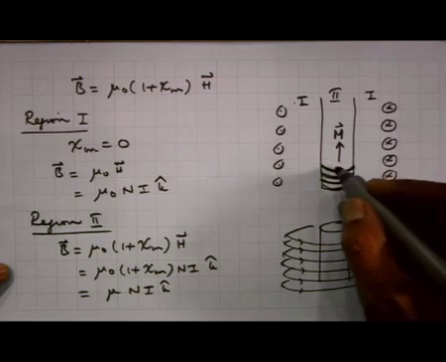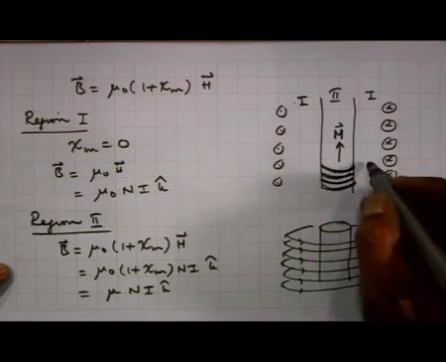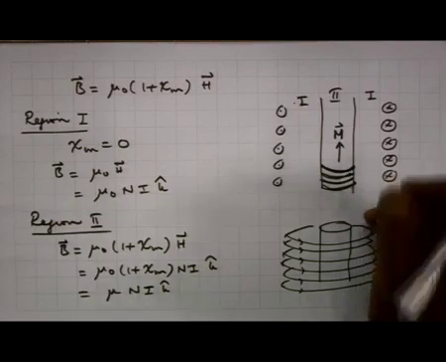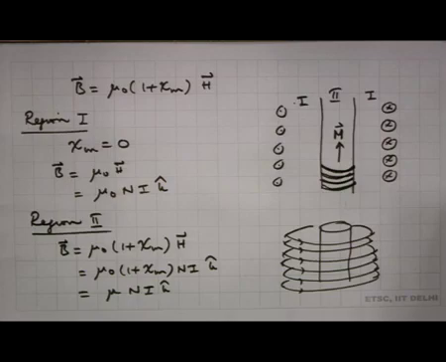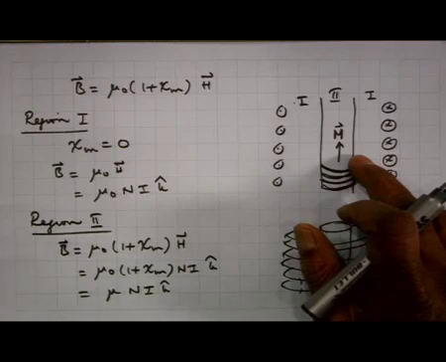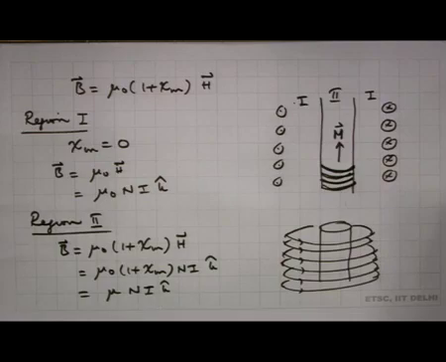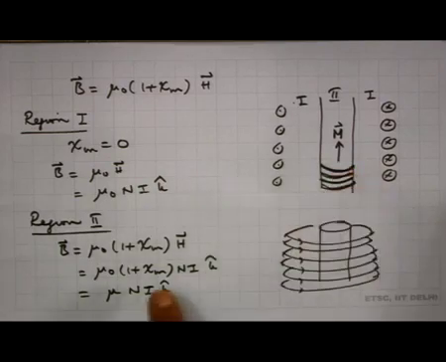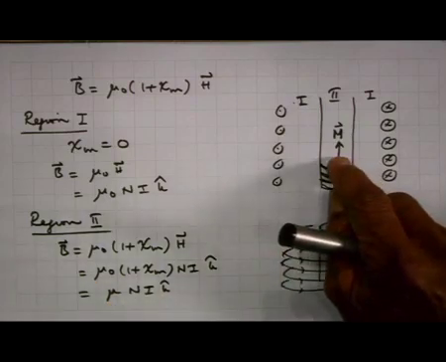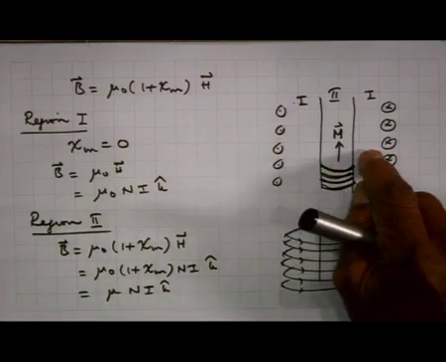So, the magnetic field inside the material is different from the magnetic field outside, and it depends on this difference between mu and mu naught. Of course, for paramagnetic and diamagnetic materials, mu is very close to mu naught. So, the magnetic field inside the material and outside the material are almost equal to each other, but they are slightly different. Now, it is also interesting to note that for diamagnetic materials, chi m is negative, which means that mu is less than mu naught, which means the magnetic field inside the material is slightly less than the magnetic field outside.